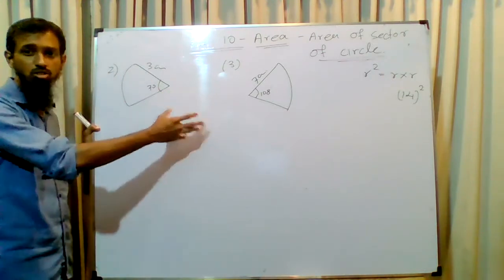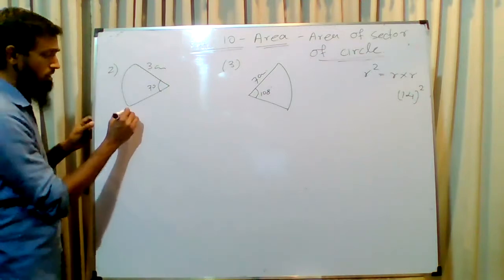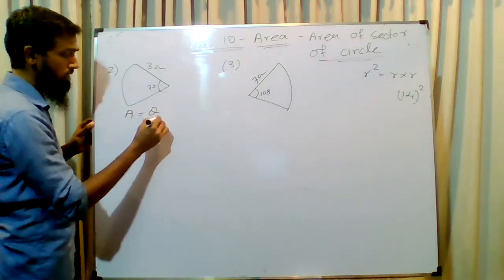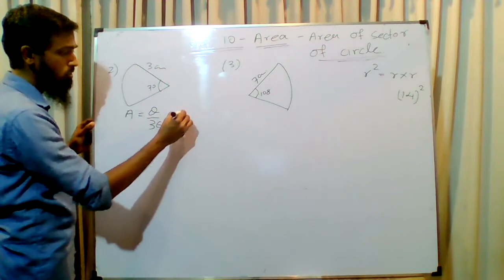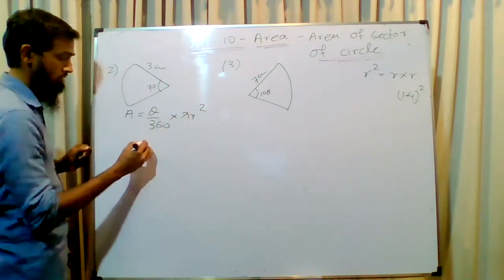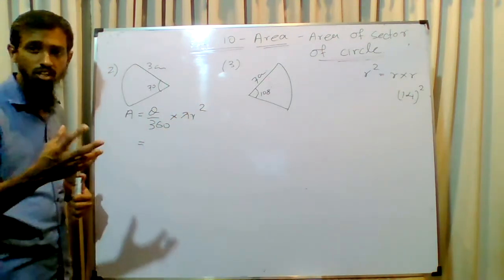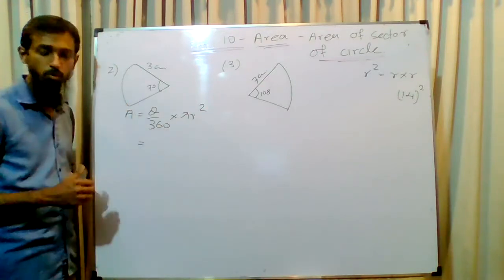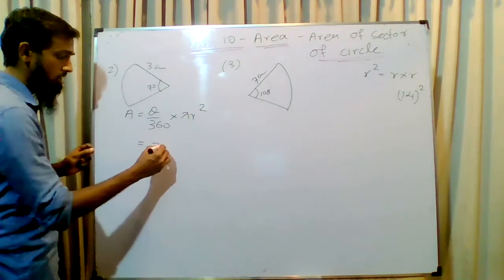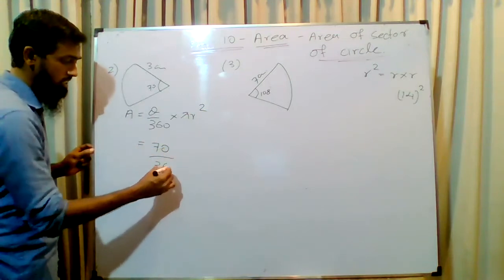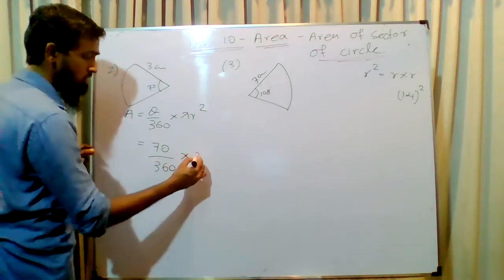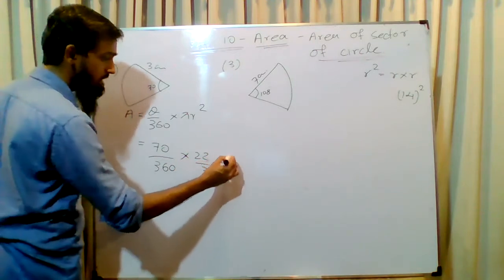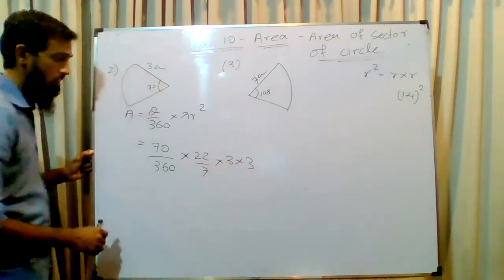So we are going to use the equation theta over 360 into pi r square. If you know the exact portion, we can use the portion instead of theta over 360. So 70 over 360, substitution, 22 over 7, the radius is 3 into 3.